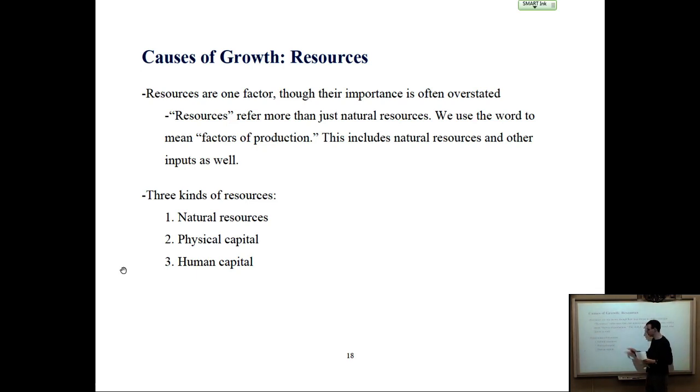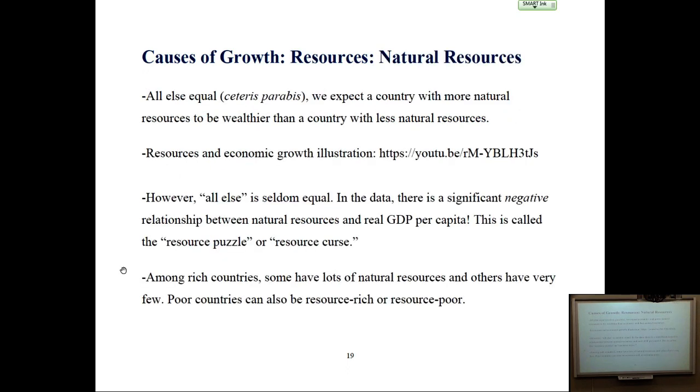There's going to be physical capital and also human capital. We'll define both of those shortly. So, all else equal, we know that if a country has more resources, it should also have more real GDP per capita. That just makes sense.